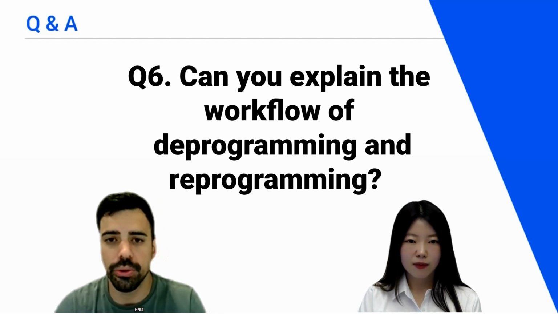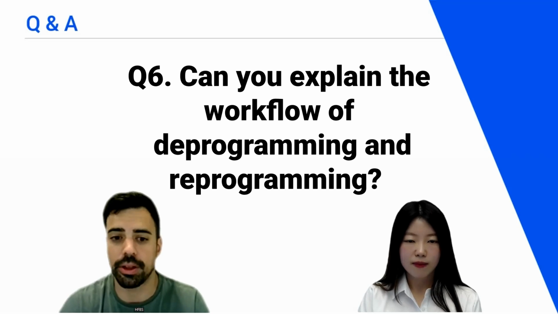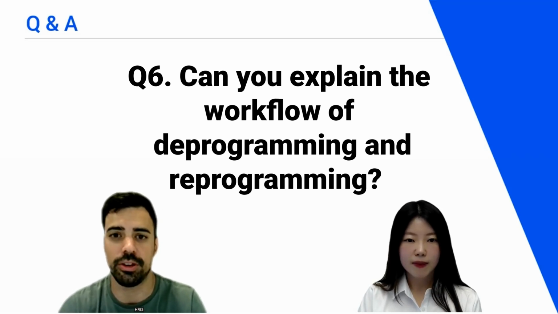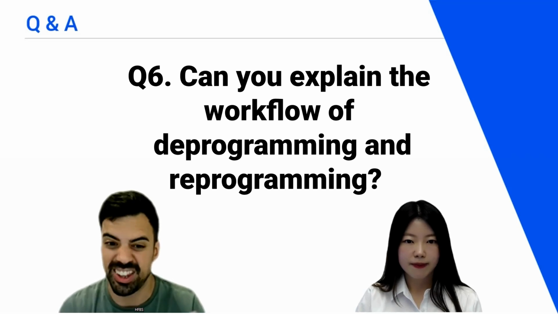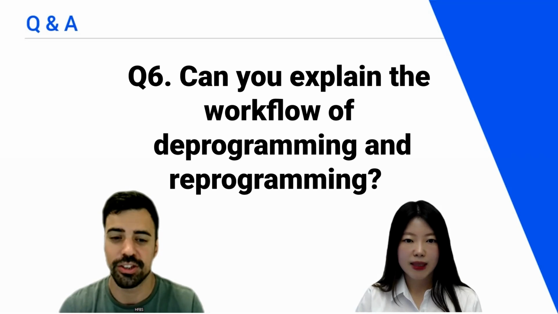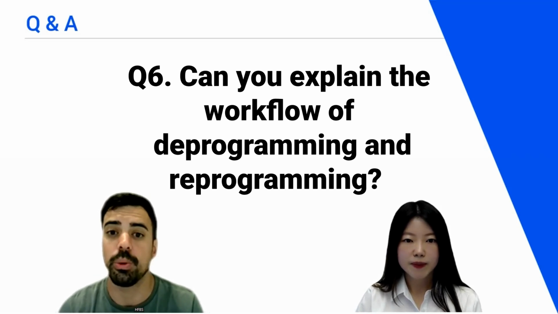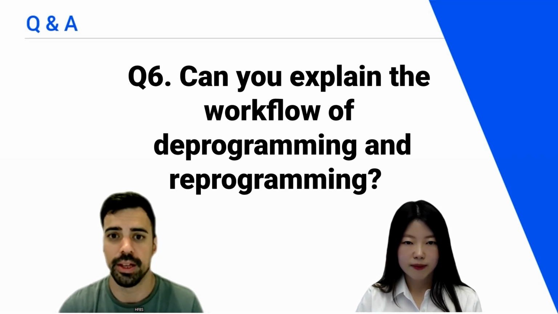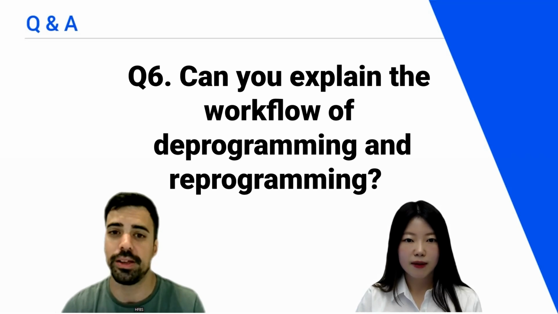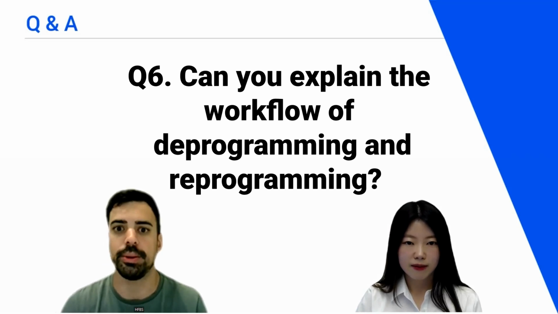It is true that splints can deprogram the patient, they can set him in a different position than he used to be in, because the patient used to be in one position only. The patient is positioned with the jaw in a position where the teeth touch each other. If we remove that factor, so the teeth are not touching each other anymore but we have a piece of plastic in between, then the patient is going to be deprogrammed. Then if we remove that piece of plastic, the patient is going to reprogram itself.